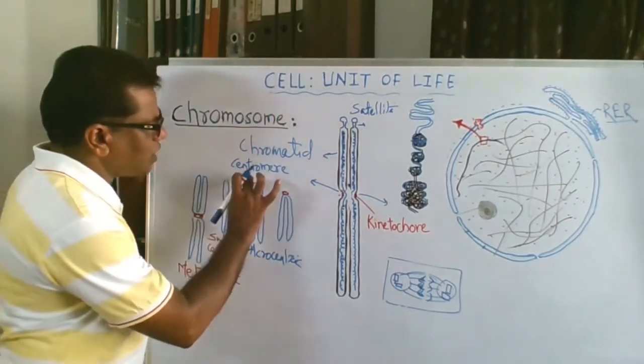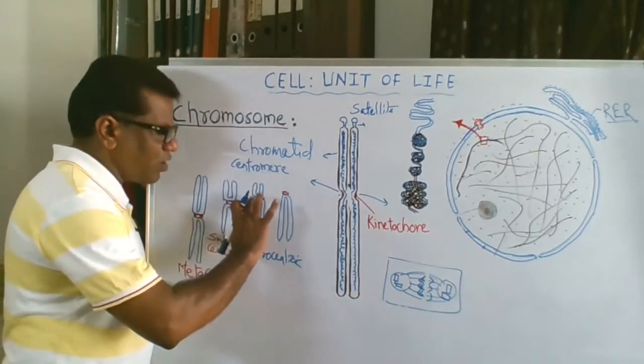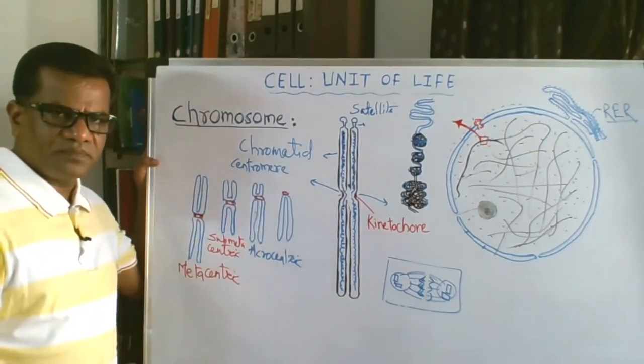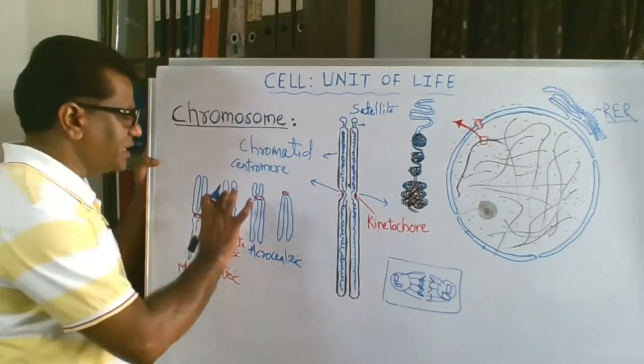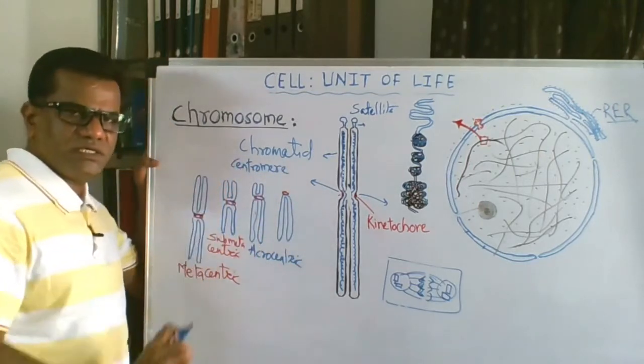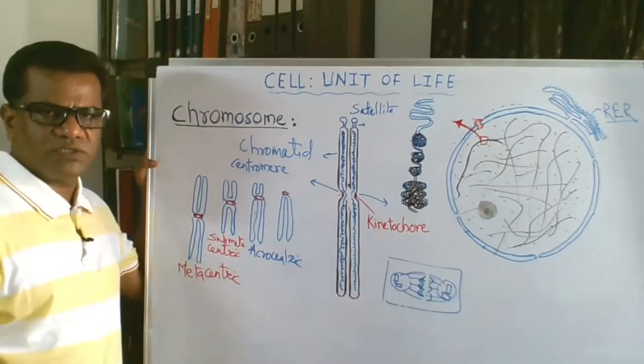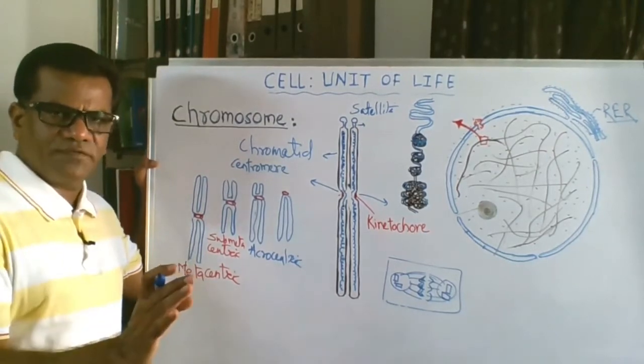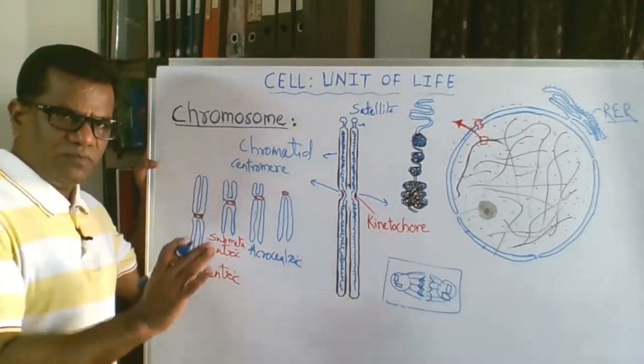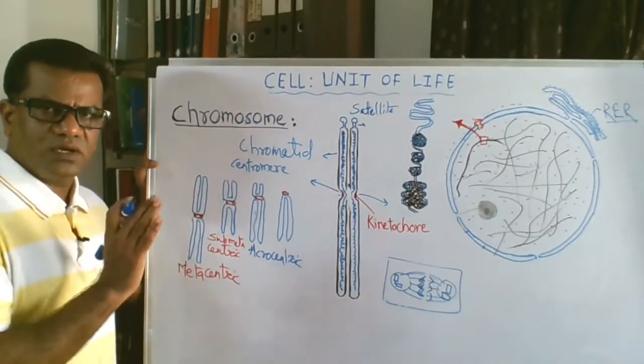So here the short arms are very short and the long arms are very long. There is a huge difference. If it is 5 centimeters, then this is 1 centimeter only, or 0.5 centimeter only. That is the big difference between the short arms and the long arms.